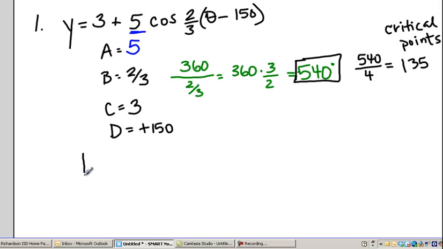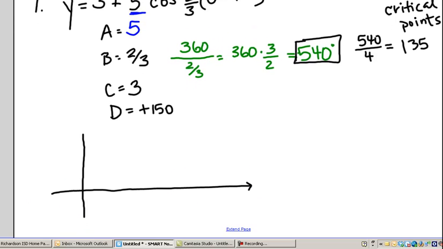So here we go. We've got our axis, and it's going to be kind of big. Let me see if I can extend the page just a little bit more. Okay. First thing you have to do is figure out what our sinusoidal axis is.